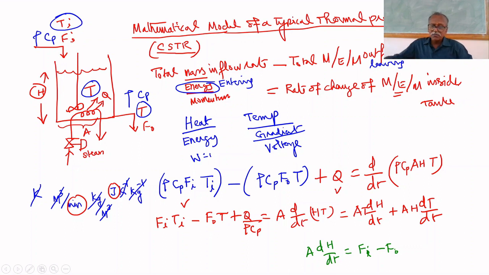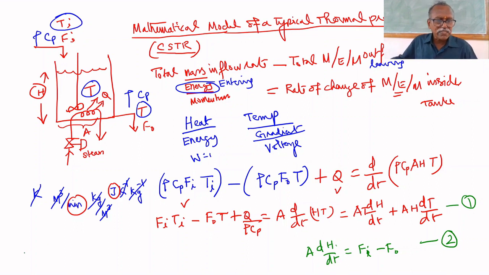If we substitute that at this instant, later we'll take the nominal level. So Fi minus F naught can be substituted in place of A dH by dt.